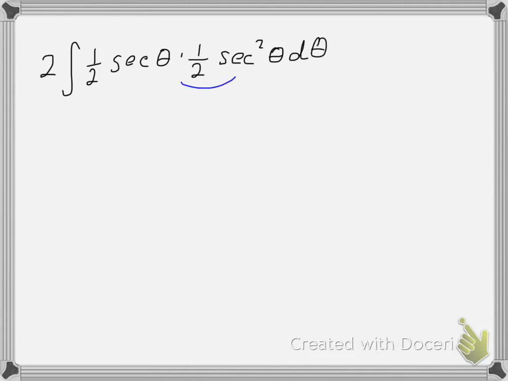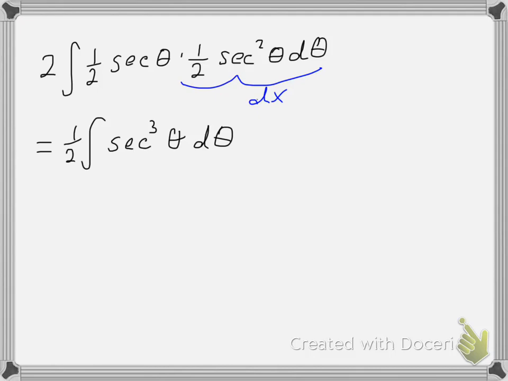This, of course, right here is my dx. Okay, so now this simply becomes 1/2 the integral of secant cubed of theta d theta.